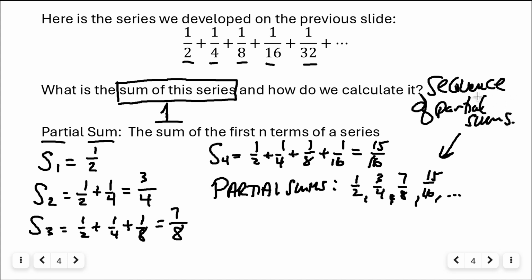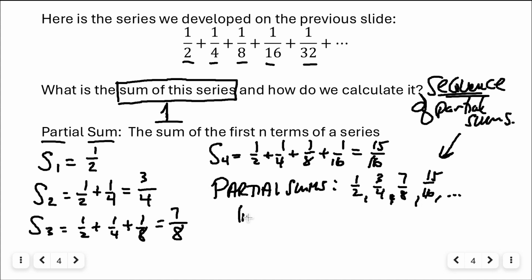But here's the thing about sequences. We know if a sequence converges or diverges. We know how to figure that out. And we also know that if it converges to a finite value, that value is the limit of the sequence. So we know how to do that.